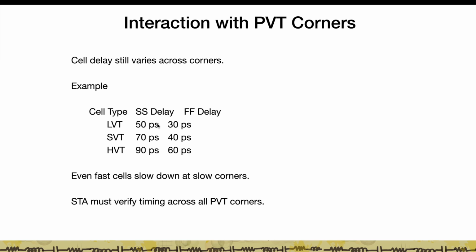The design must be verified across all PVT corners, and an LVT cell that solves a timing problem at nominal might still be marginal at the slow corner. That is why static timing analysis must be run across all corners, not just the typical case. Multi-VT optimization is powerful, but it doesn't eliminate the need for corner analysis.